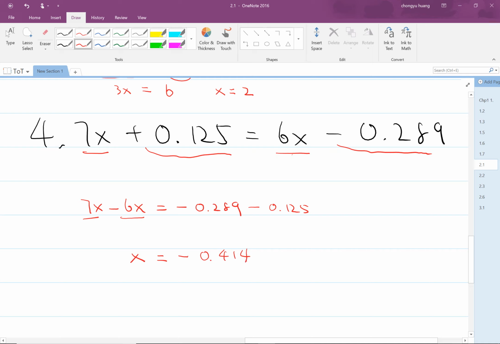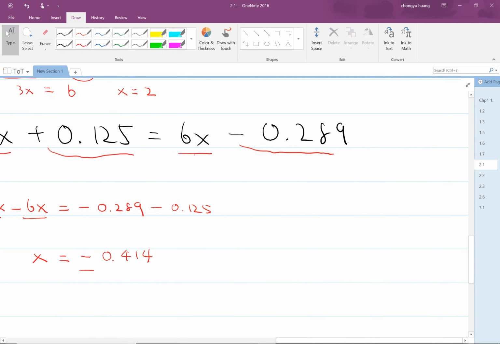So both of them are negative, so you know the solution will also be negative. You first write down the negative sign, and after that all you have to do is add up those numbers. Let me show you the steps, okay? If you get confused how you actually get 0.414, so you have negative 0.289, right?